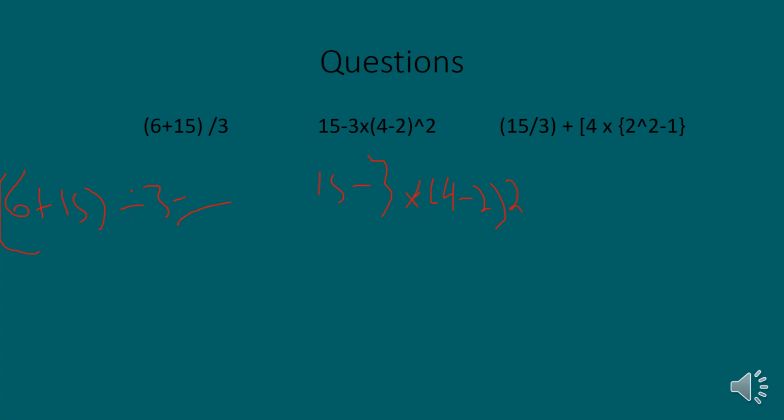Then the third and final question, this is the hard one: 15, brackets 15 divided by 3 plus 4, times, this is brackets, 4 times, and inside those brackets is another bracket, 2 to the power of 2 minus 1. All right, guys? Now pause the video and give it a good try.